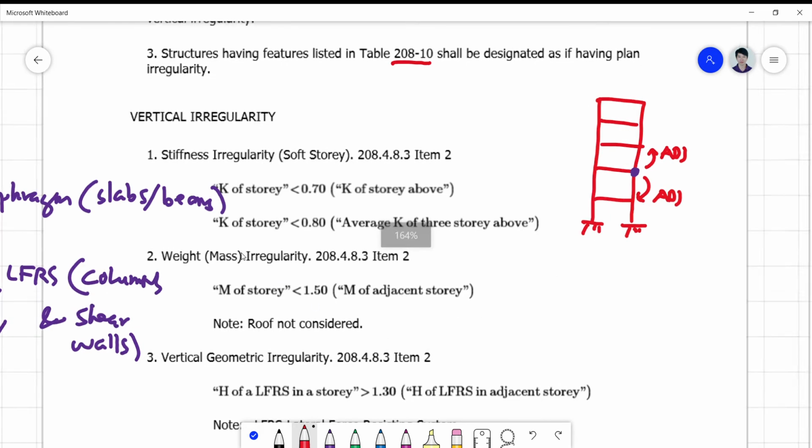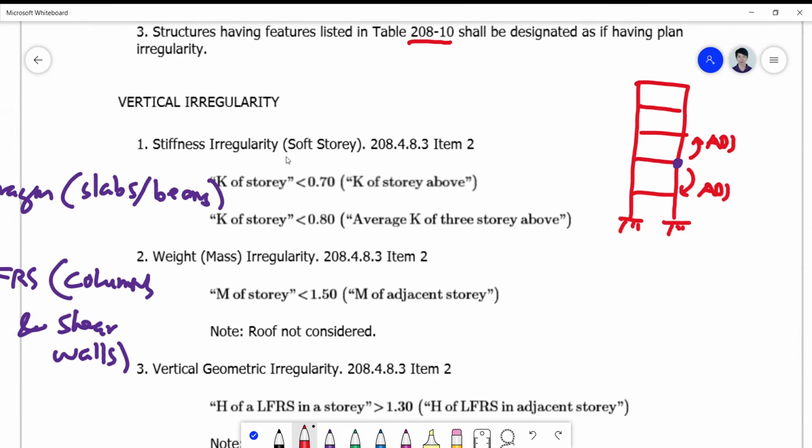Okay, for stiffness irregularity, or what you call soft story, softness and stiffness are the related variables here. So we have to compute K of the story in question. Computing K is just like computing R, or the rigidity.